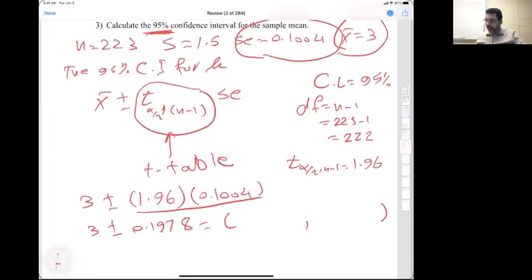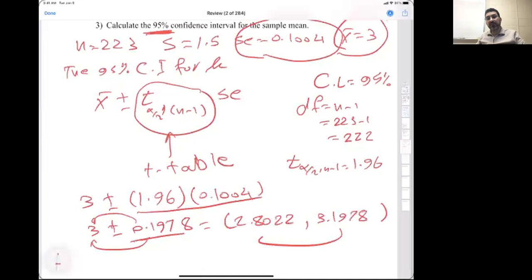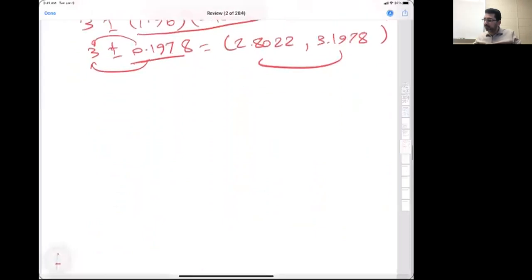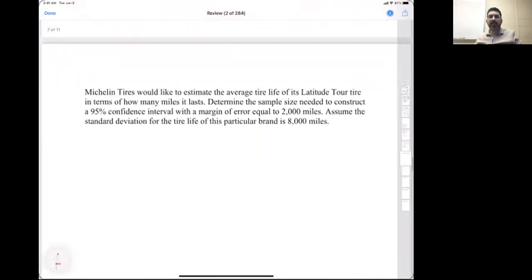The upper limit, of course, you add the margin of error to 3, so you will have 3.1978, and the lower limit, you subtract the margin of error from 3, so you will have 2.8022. So this is the 95% confidence interval for the population mean. We estimate that the population mean may be between 2.8022 and 3.1978.